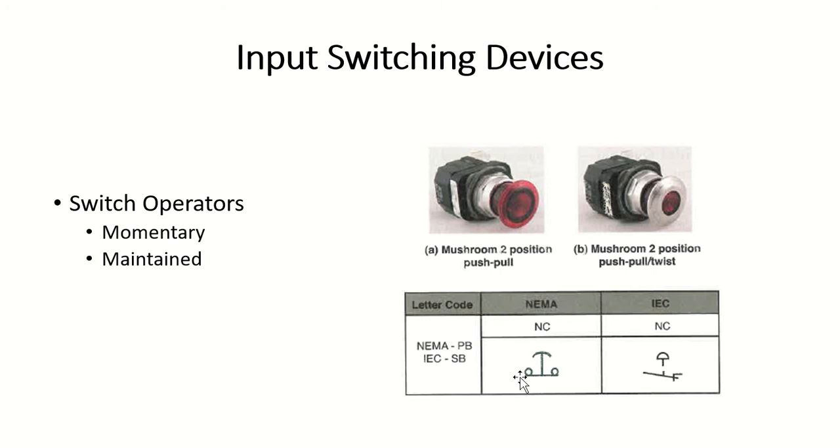A normally open would just be on the top side and not resting on those terminals, just like we talked about with our normally open push button symbol back in week 1. The mushroom style, they typically show with this little arc on the top of the push button, just to show you that it's the mushroom style.